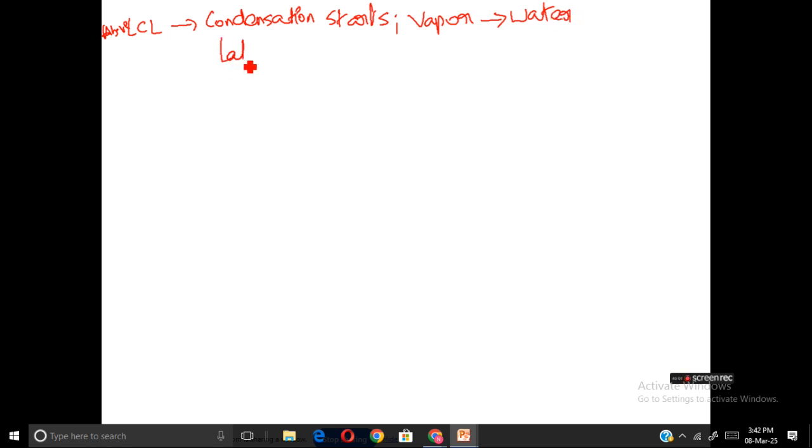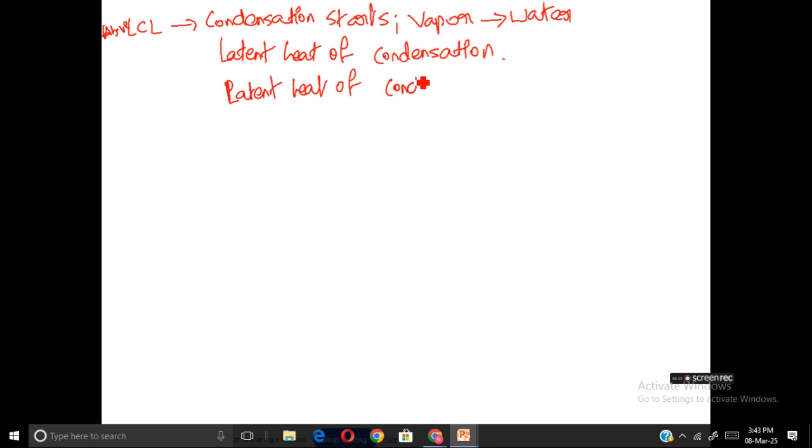So there will be release of latent heat of condensation. This latent heat of condensation will be added to the parcel. Basically, the latent heat of condensation increases the parcel temperature.